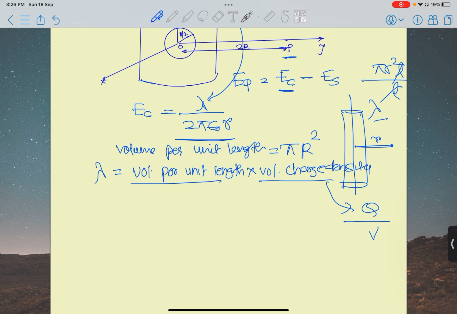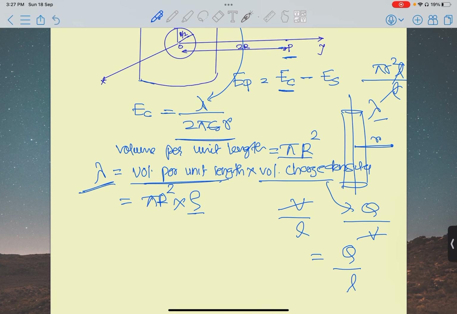And volume per unit length is nothing but volume divided by length. So volume will cancel, and what we will have? Q divided by L, which is charge per unit length, which is nothing but lambda. So volume per unit length we have already calculated, it is pi R square, into the volume charge density rho. So we have successfully expressed lambda in terms of rho.